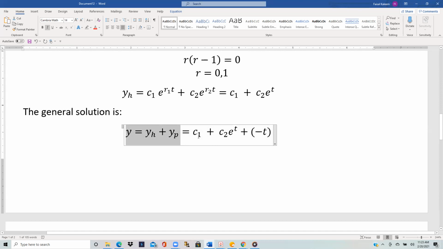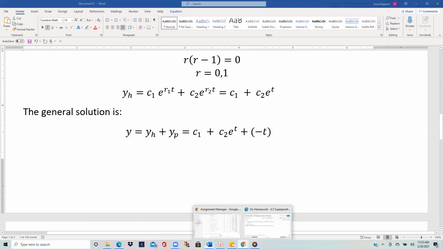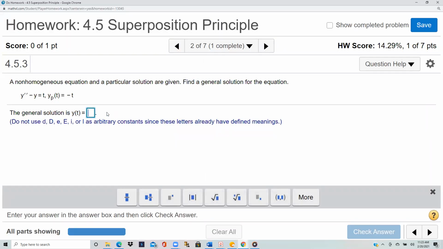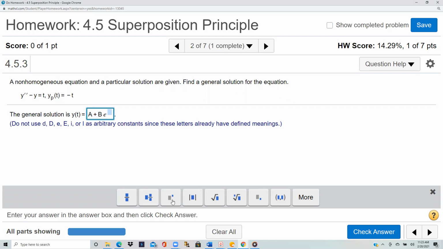So here it's C1 plus C2 e to the t minus t. Okay, let's try some different constants. So instead of C1, I'm writing A, B e to the t, because I was just reading these directions, and it seems that I'm allowed to use any constants.